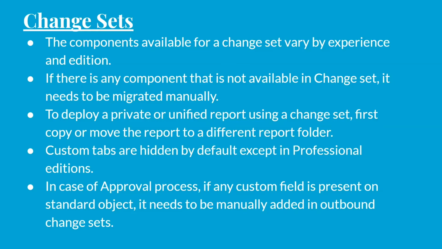Then the whole process will get transferred from one org to another. So these are specific to reports, approval processes, and custom tabs. But in general, if you are creating any custom object or other custom fields, you can directly transfer them from one org to another using change sets.